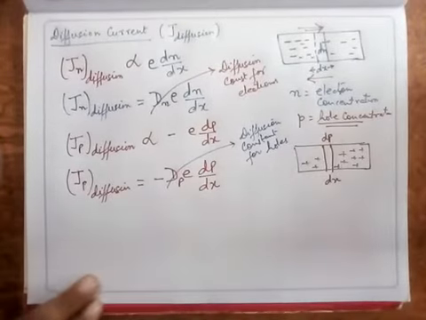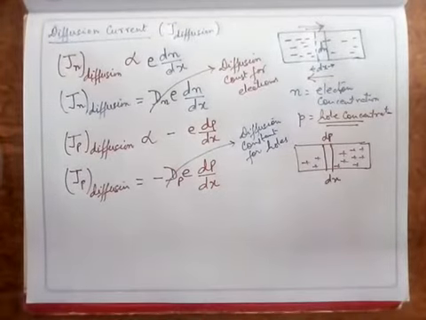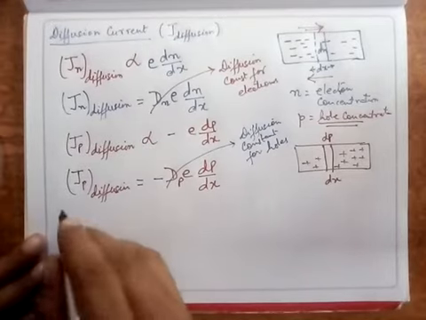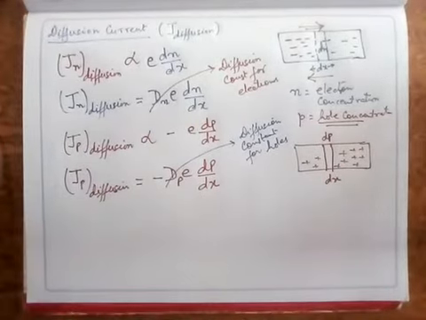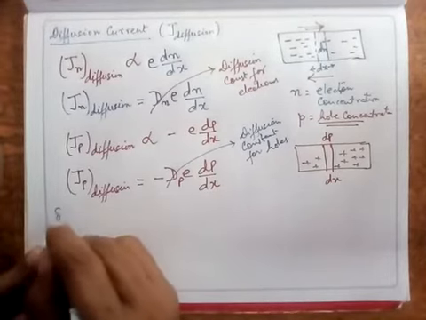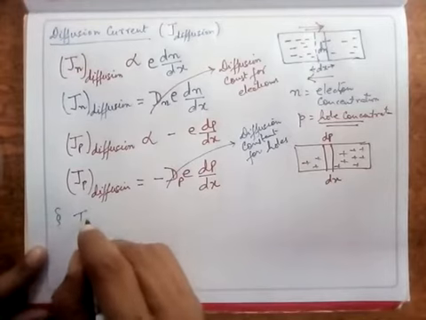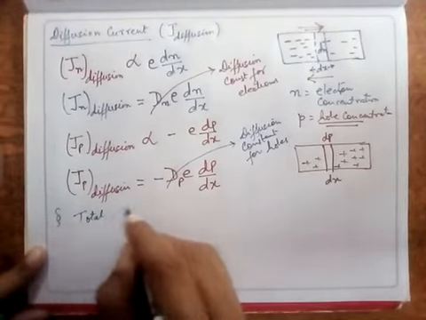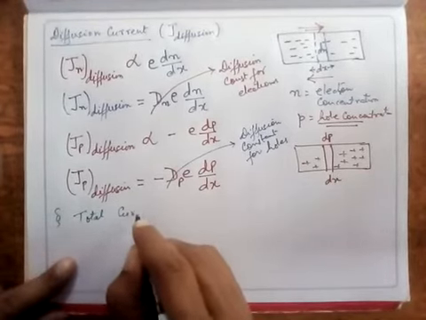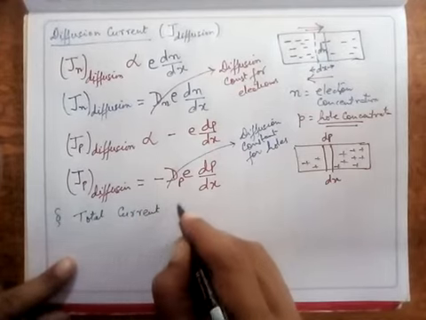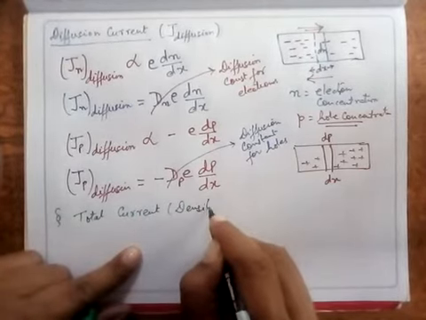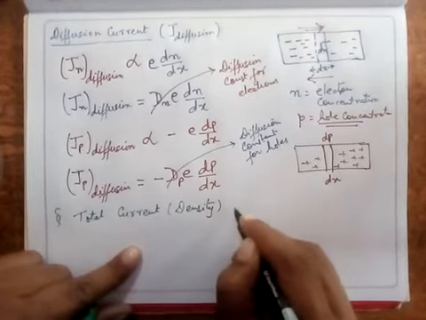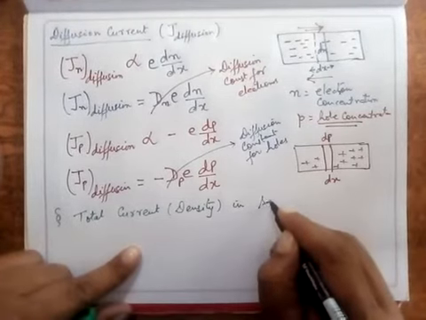Now let's talk about the total current. This is the drift current and this is the diffusion current. Now another topic that we'll discuss here is the total current density in semiconductor, not only current, I'll say current density.